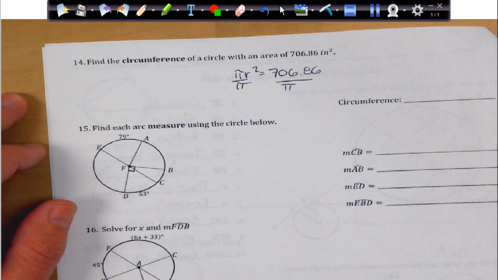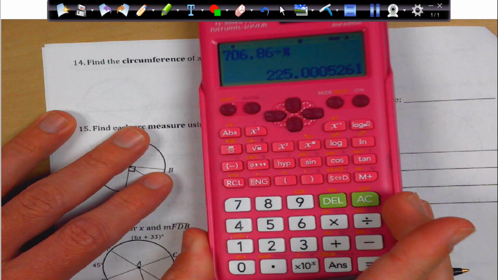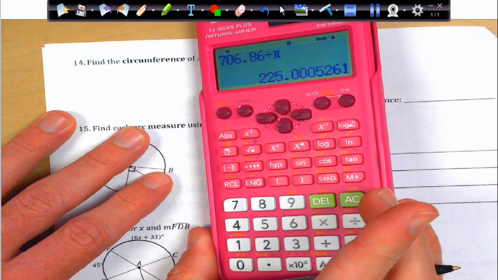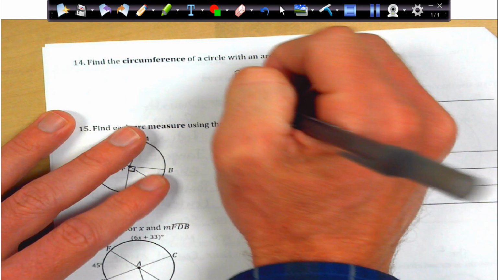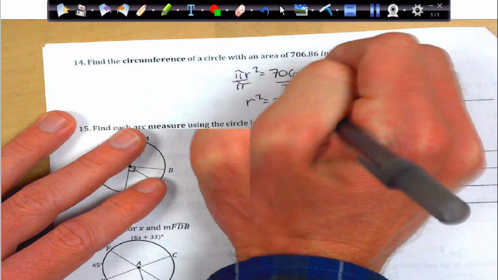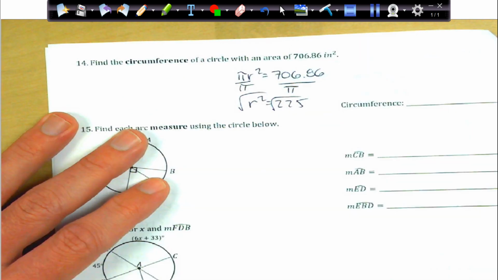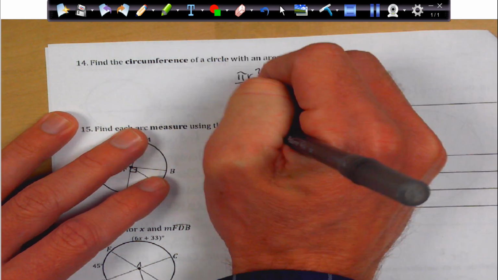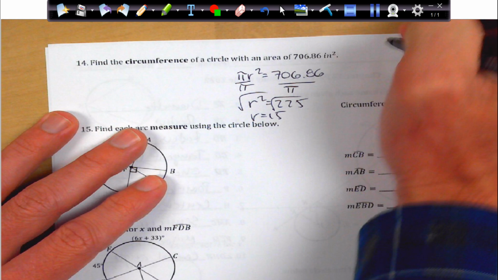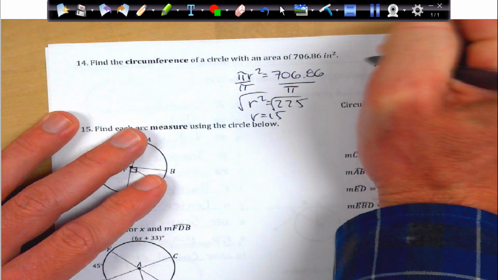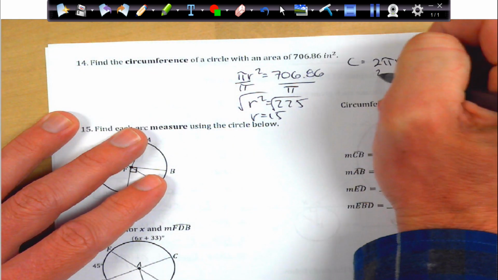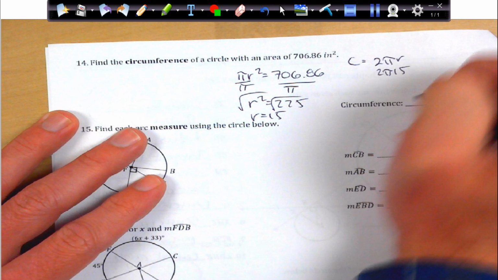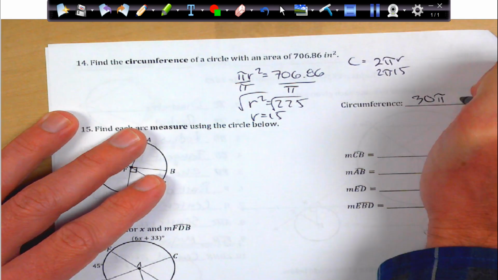And it's really close to 225, so I'm just going to call that 225. R squared equals 225, and the convenient part is when you square root 225, you're going to get 15. So radius equals 15. That means the circumference, which is 2 pi r, is just going to be 2 times 15, which is 30 pi, and that's in inches.